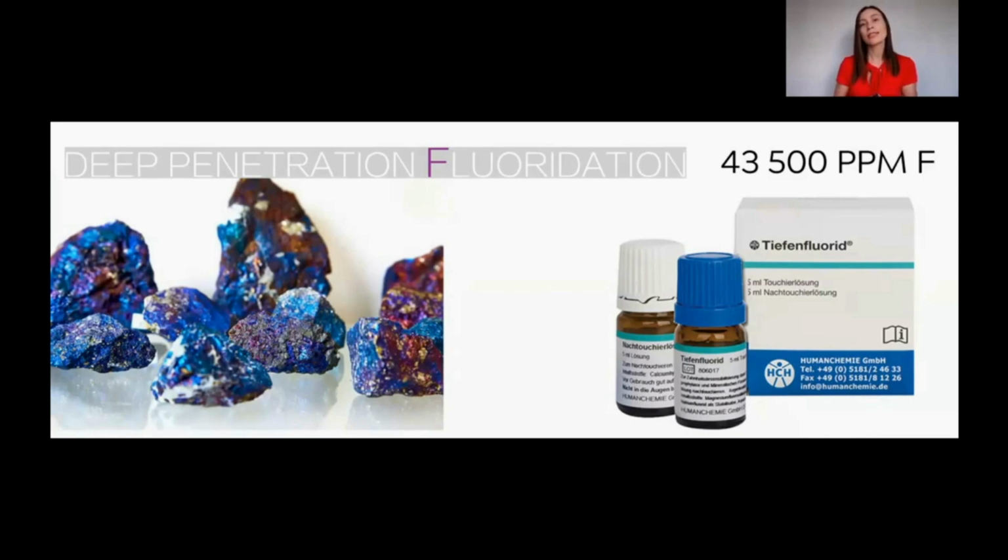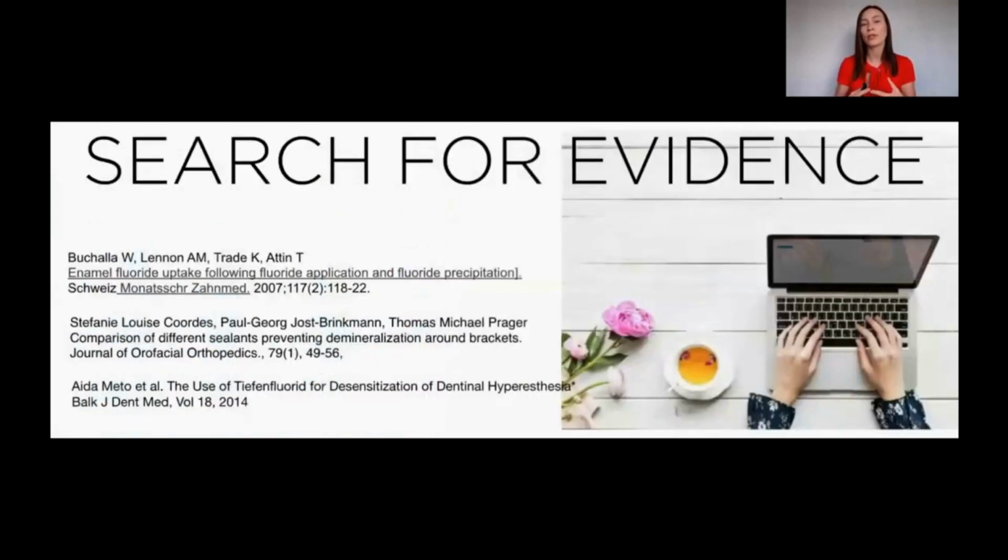This product is mainly made for desensitization, and if you search for evidence, there are not too many articles published about the remineralization properties of this product, but there are some which say that this product has very good desensitizing ability.